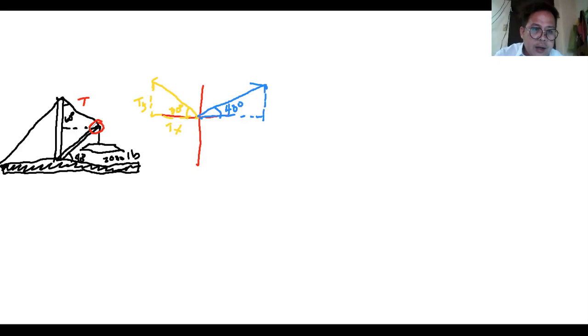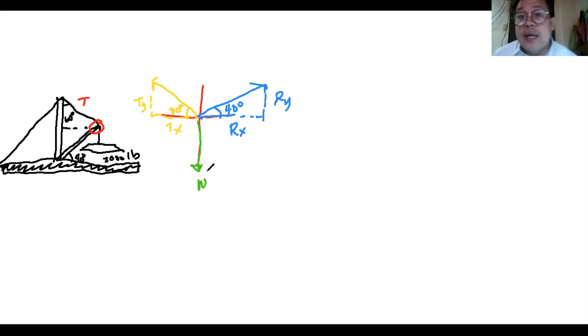So whatever the angle here will be the angle also here. So we'll have the reaction force Y and the reaction force X. And the last one is the weight of the material, which is 2,000 pounds, moving downward. This is the weight.